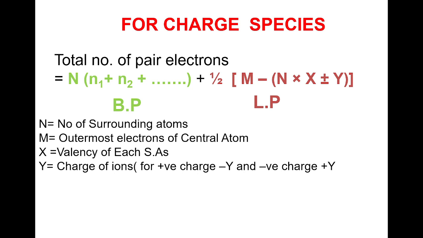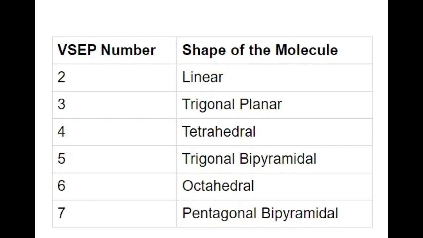So this formula gives the number of bond pairs and the number of lone pairs present in that neutral molecule or charged species. Then you have to calculate the number of bond pairs and lone pairs. Then there is another table you have to remember. If the total number of pairs of electrons is 2, then the regular geometry will be linear.